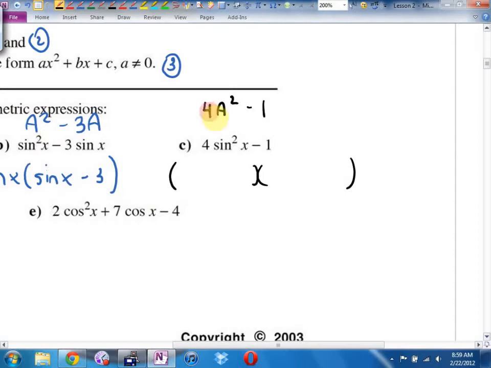But it's not going to be 4a squared square root because I don't have an a in my original. What do I have in my original? So what am I going to write here? Two sine x, 2 sine x. I agree. What else? Plus 1, minus 1, or minus 1, plus 1.